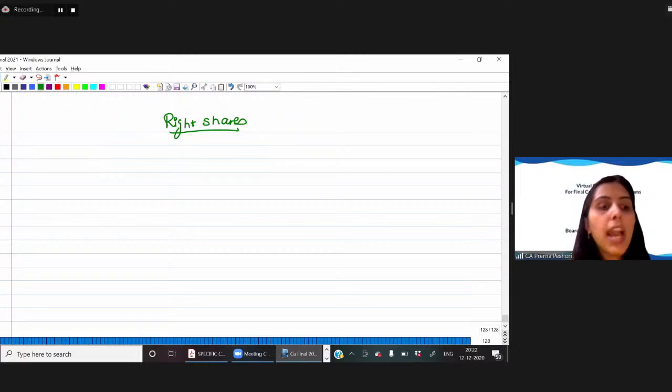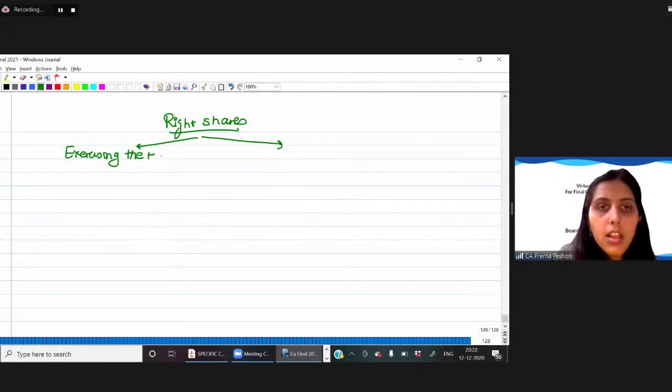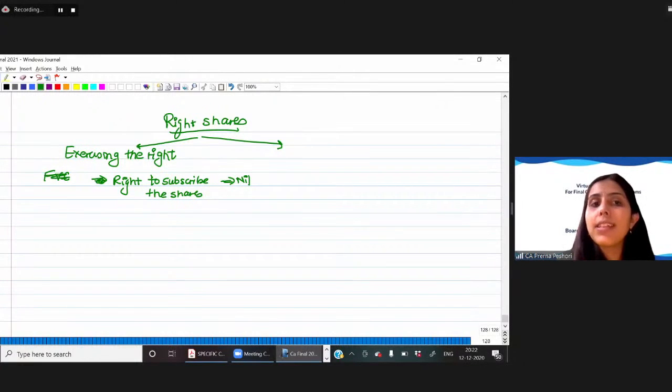Under rights share, when we are exercising the right, the right to subscribe the shares is nil. There is no taxability when you exercise it.